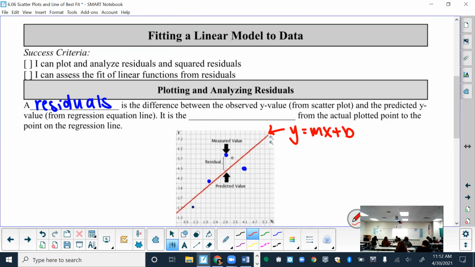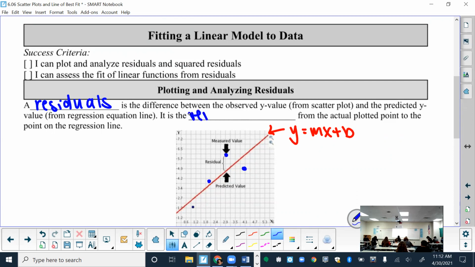So if the actual value falls really close to the trend line or is spot on, then that's a really good value. The scatter plot versus the trend line is how you find your residual.